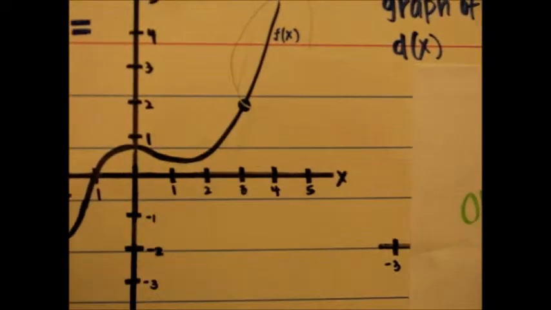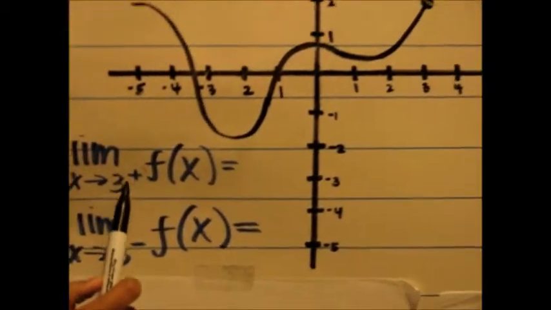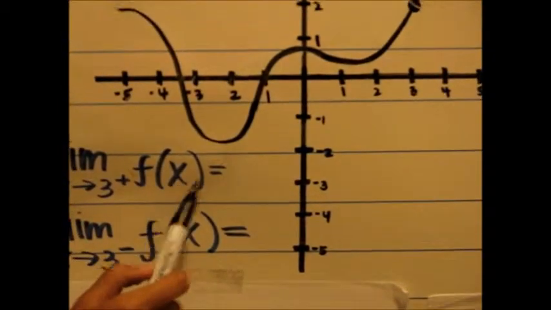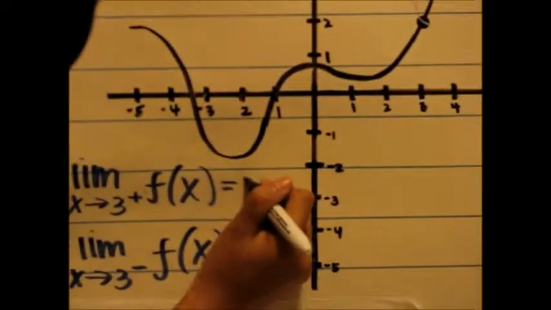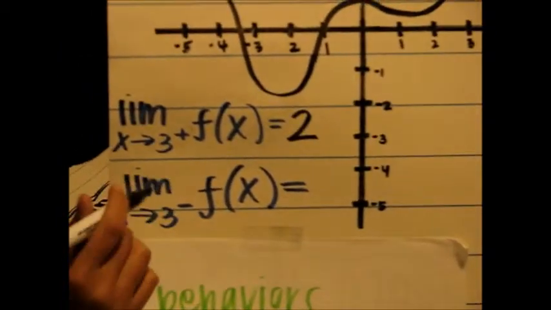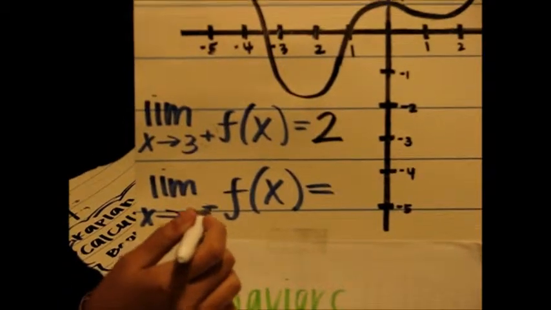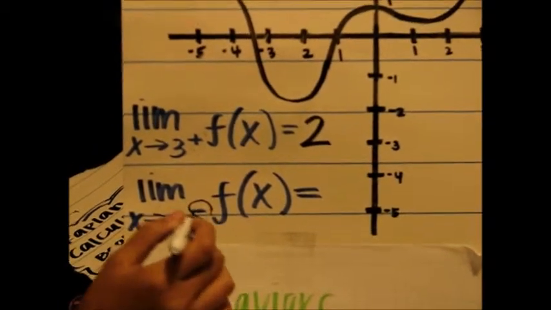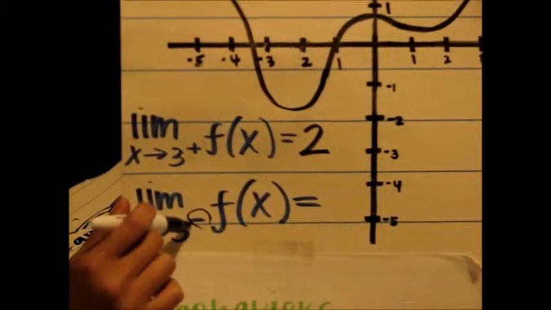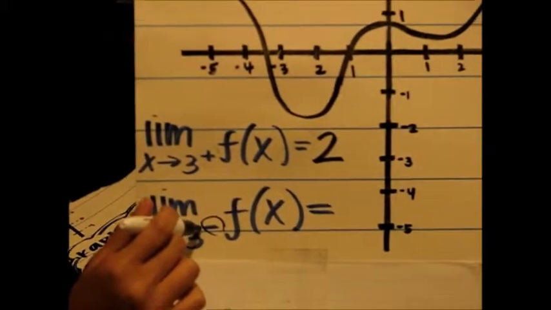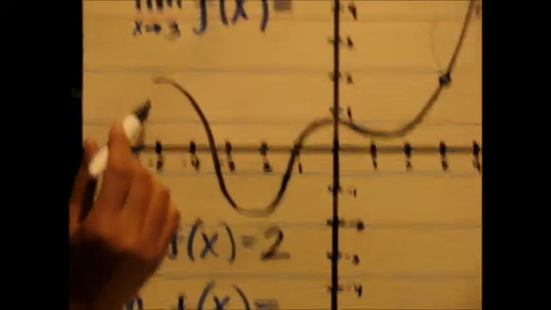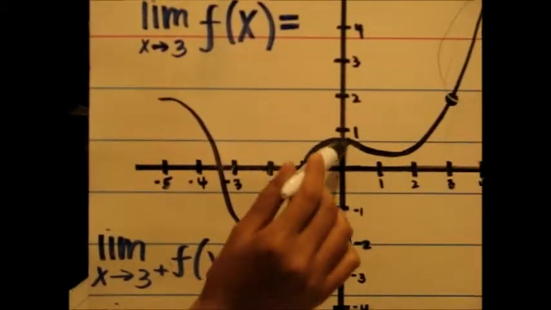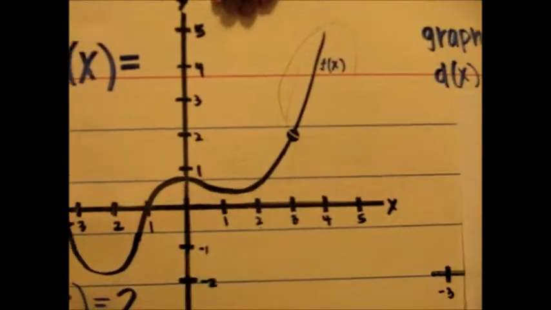So let's test it out. The limit as x approaches 3 from the right hand side of the function f of x, as we can see right here, is 2. And down here, we're trying to prove that the limit as x approaches 3 from the left hand side, which is represented by a negative looking symbol, but that doesn't represent a negative, it means from the left hand side, of the function f of x equals... And as we can see right here, if we follow it, we can see that it also approaches 2.